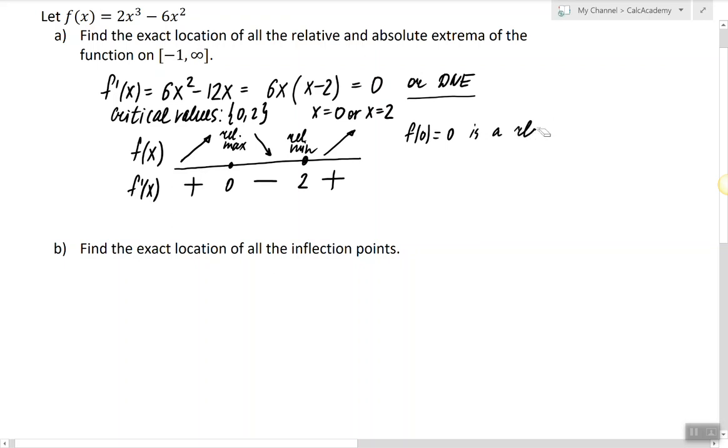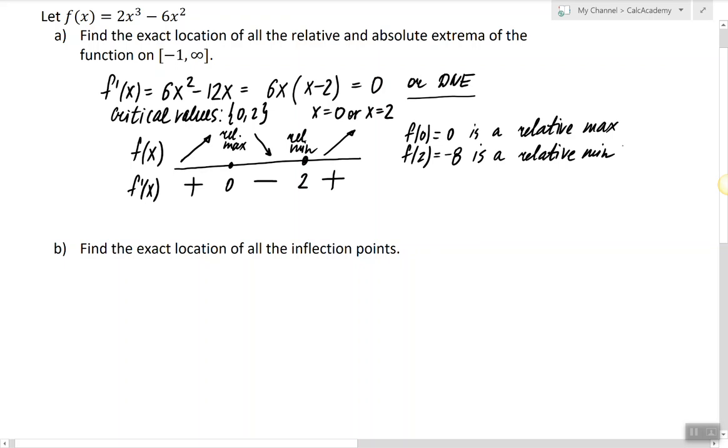So 0 is a relative max. And f of 2 is 16 minus 24, negative 8, is a relative min.